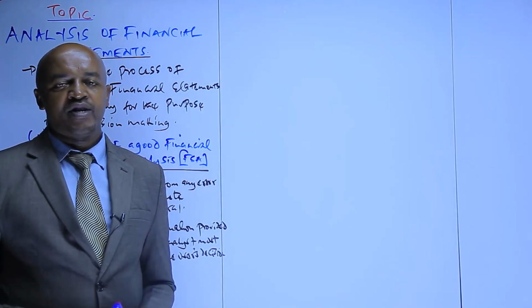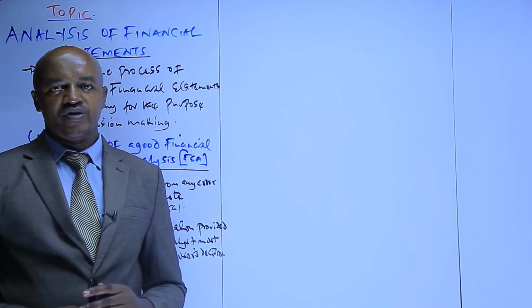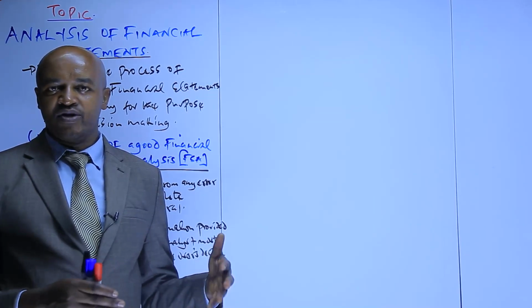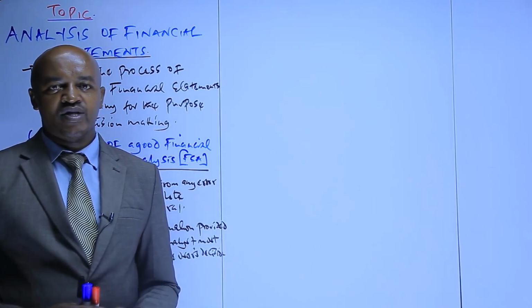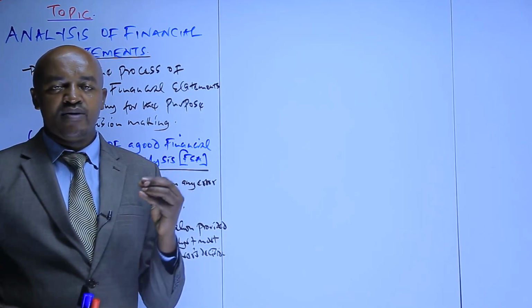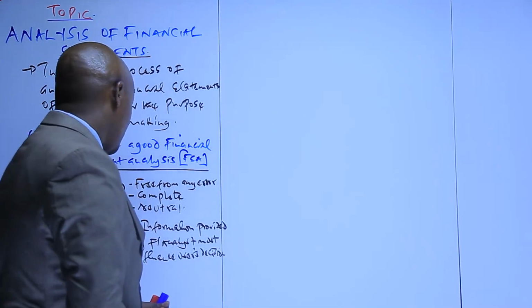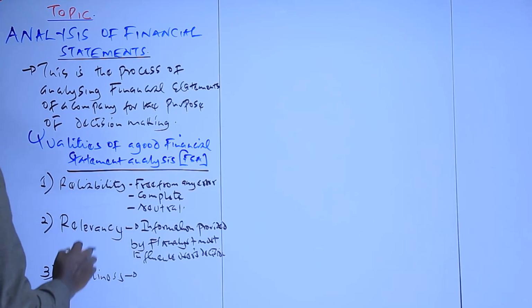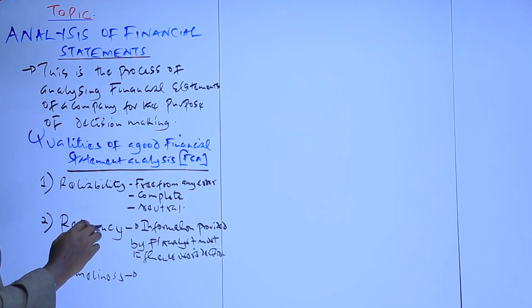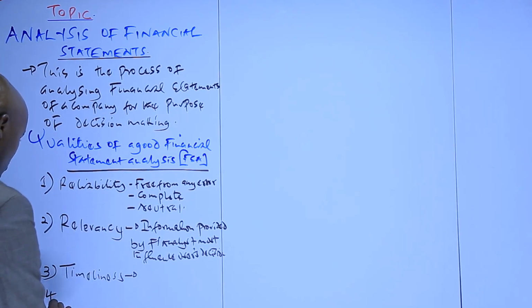Otherwise, if the financial analyst has analyzed the financial statement and does not provide that information on time to the various users, the users cannot use that particular information in terms of making decisions. So therefore, the information must be provided on time.